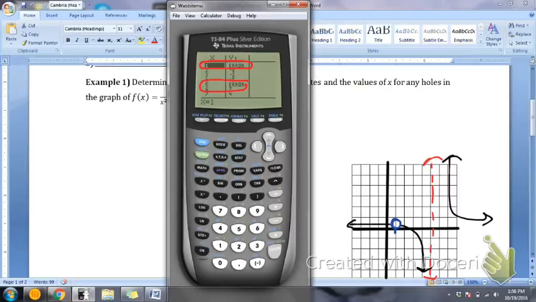Does everyone see what I just did? When x is 1, I'm going to erase that part of the line and put a hole there, because that's where I have a point of discontinuity. So I erase that point, and I'm going to draw a hole in my graph, because you have a point of discontinuity there when x is 1. You do the same thing on 5?